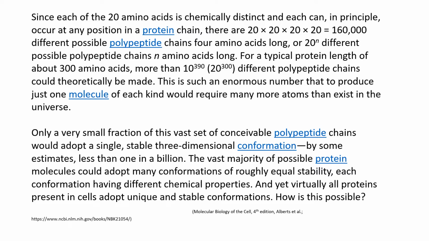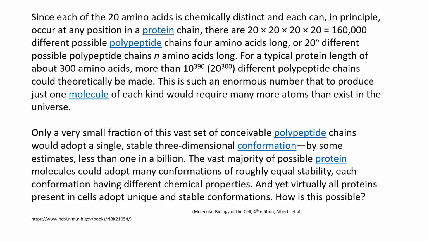If I just start putting amino acids together at random, it becomes nearly impossible to find a string of amino acids that will always fold in the same way over and over again, and that resulting three-dimensional structure would remain stable. So let us read together this excerpt from Professor Alberts' book.